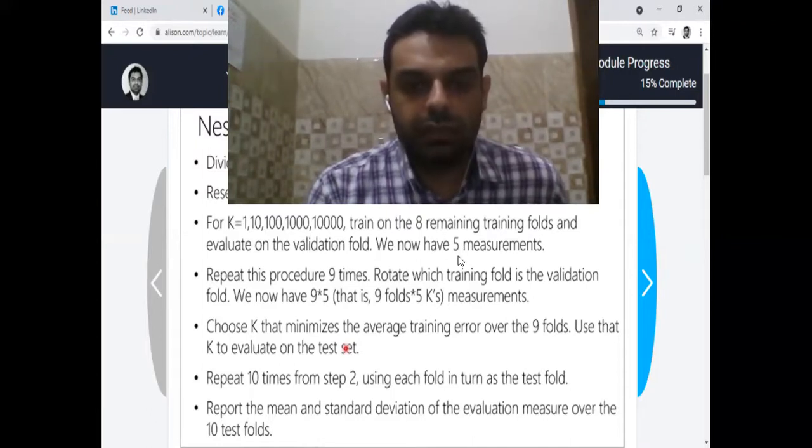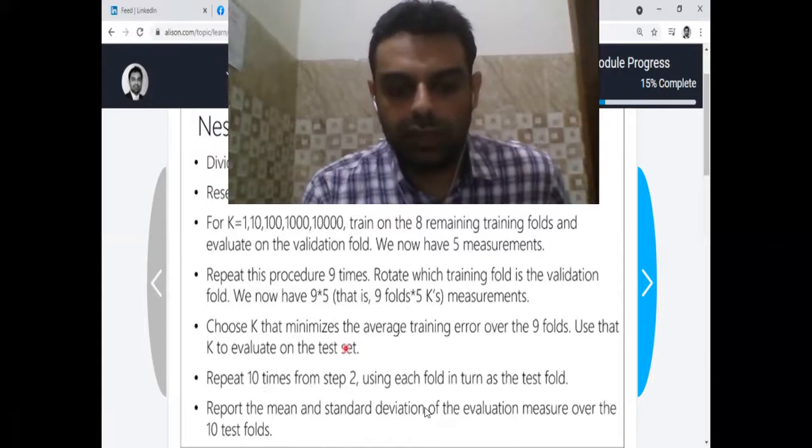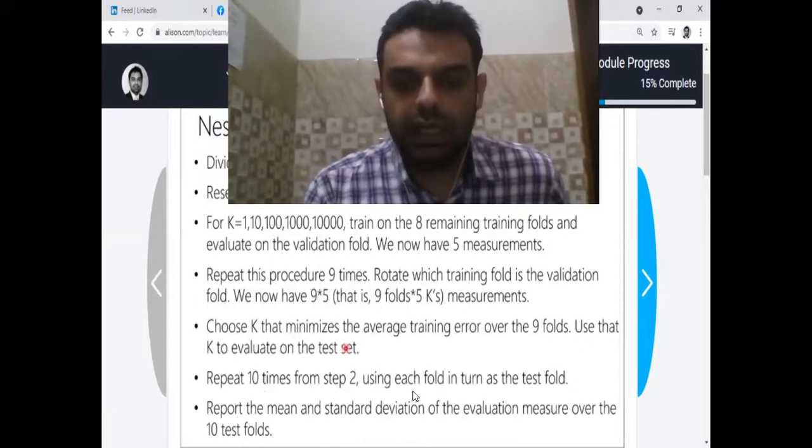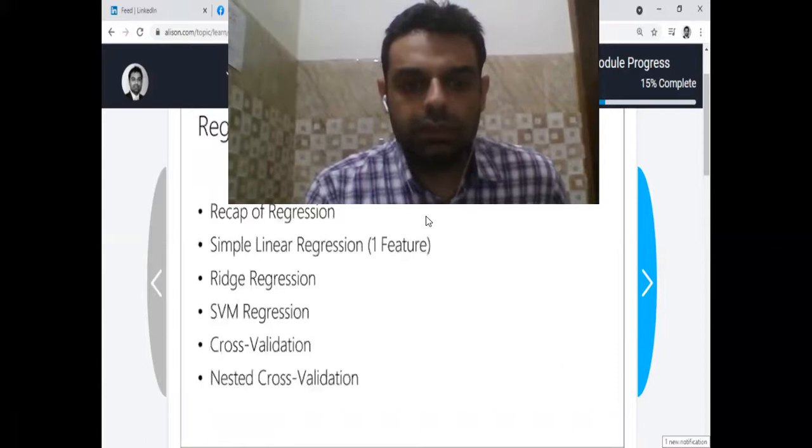In this case, 5 values, and we do 9 into 5, that is 45 measurements for each of the folds. Then we repeat 10 times from step 2 again. For each, again we measure mean and standard deviation. This is what we have done.